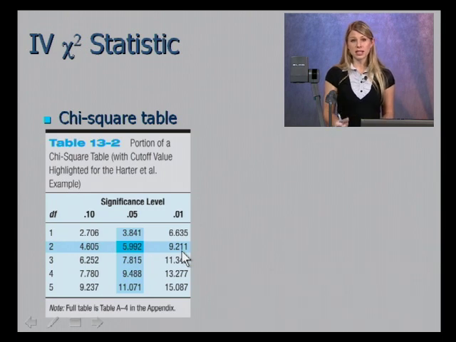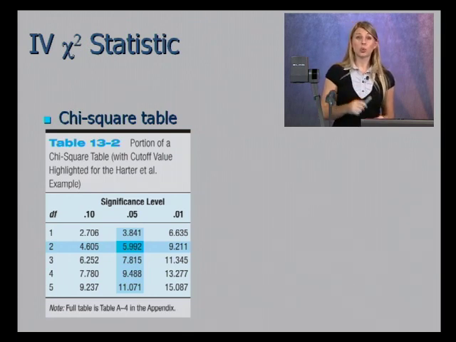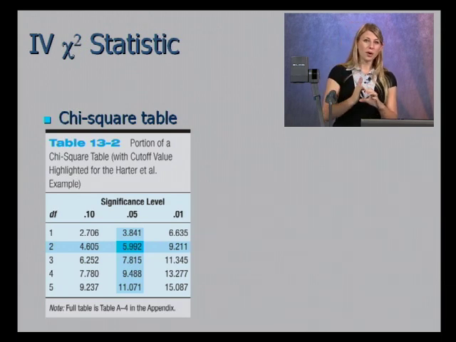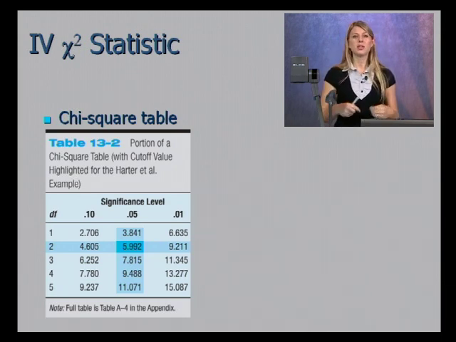Now you put your cutoff on your drawing, and then you draw your test statistic on your drawing of the distribution. If your test statistic is greater than your cutoff, then you reject the null hypothesis. You decide that the two variables are not independent of each other, or that it's not a good fit. If your chi-square test statistic is lower than your chi-square cutoff, then you decide to retain the null. If it's a goodness of fit, you decide it is a good fit.